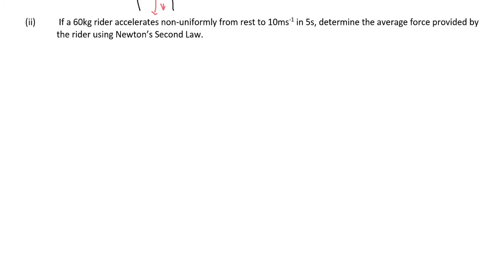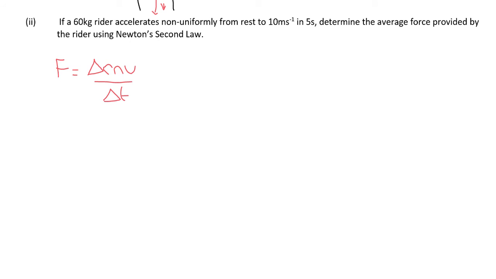So in this next one, you've got a 60 kilogram rider accelerating non-uniformly from rest to 10 in 5 seconds. To calculate the average force provided by the rider, if you think about Newton's second law in its general version, is this one.